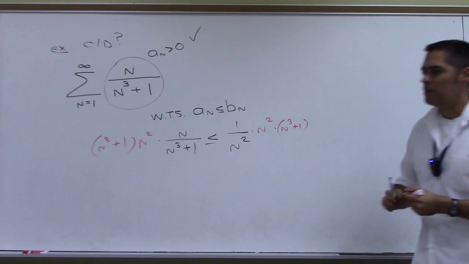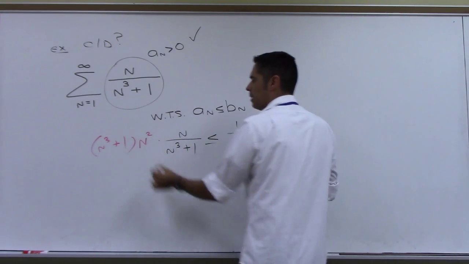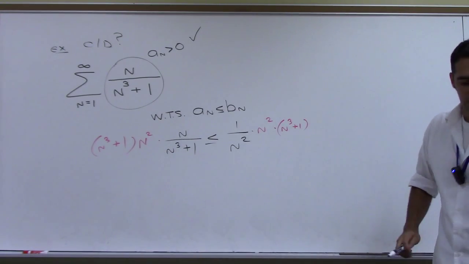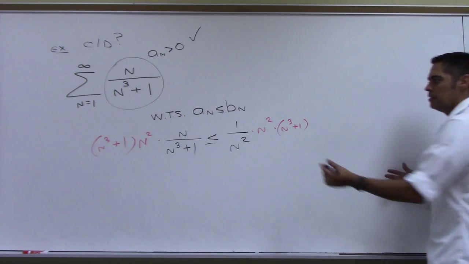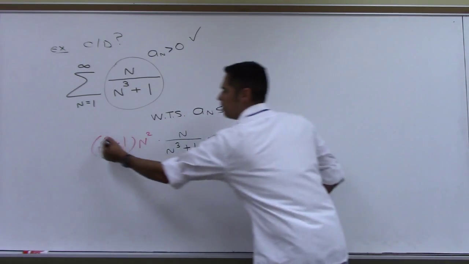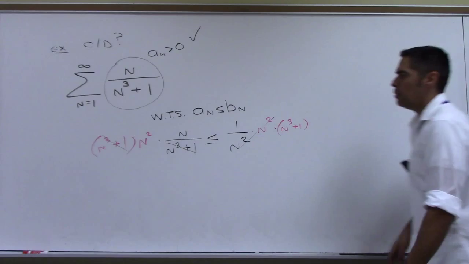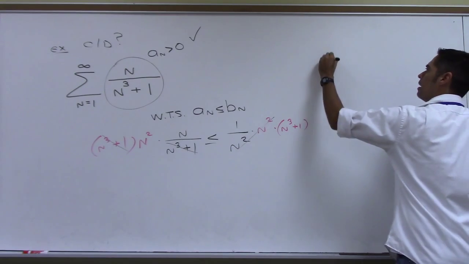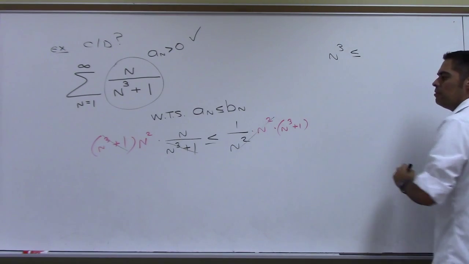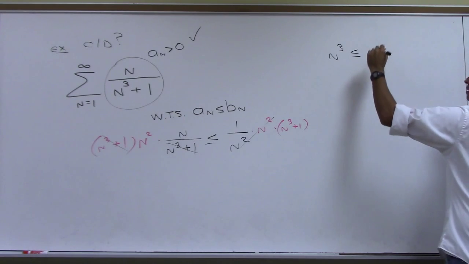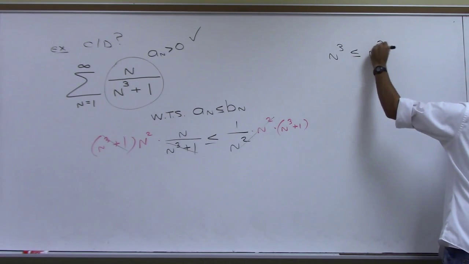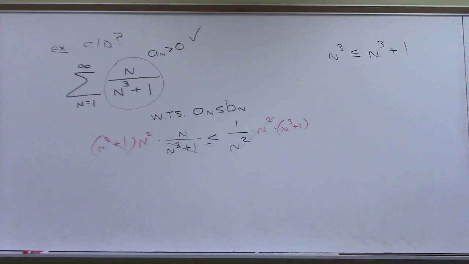Now, I think in my videos I called this cross multiplying, but what happens when you do that? That's gone. That's gone. So what are you left with on the left side? N cubed less than or equal to, what's the right side? N cubed plus 1. Now what?